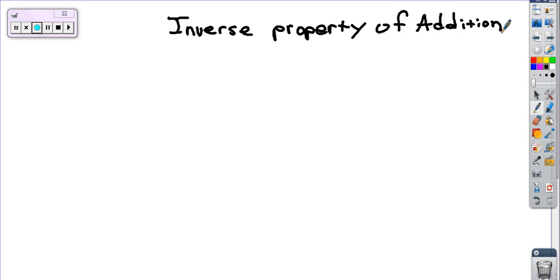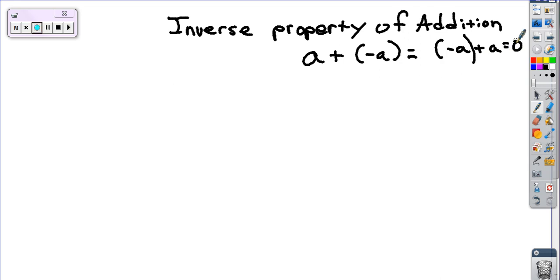As long as we're talking about real numbers, a plus negative a equals negative a plus a, and both of those equal 0.